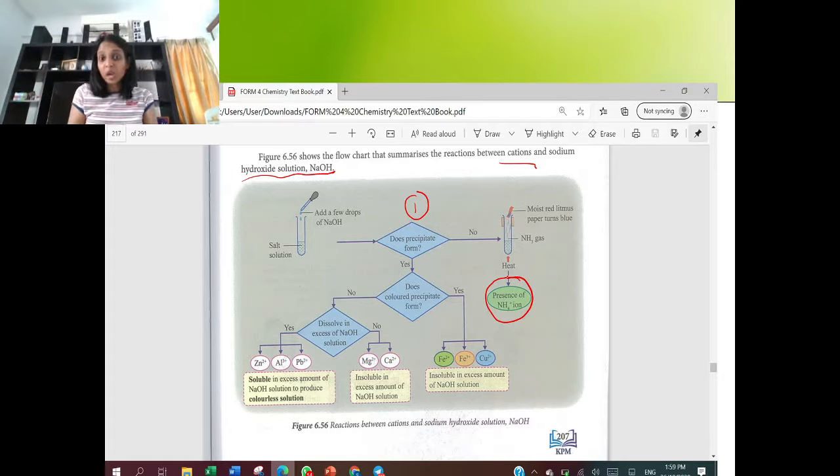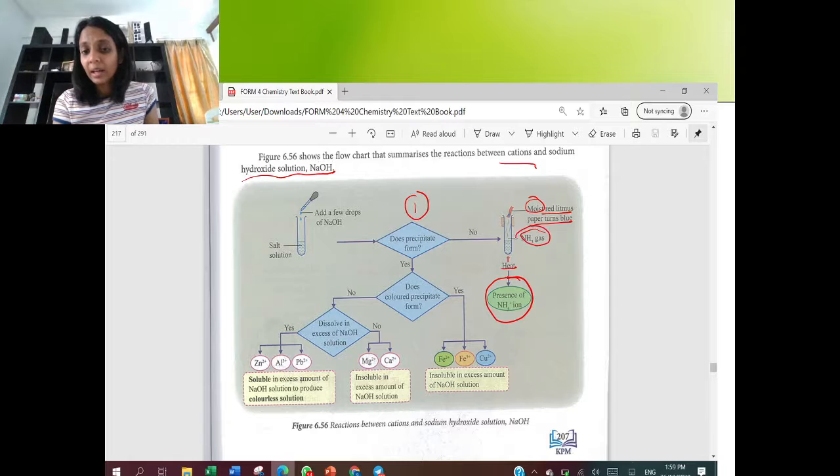Now you must be wondering, teacher, how do you know it's ammonium ions? Very simple. I heat it up and then test it with moist, it must be moist, red litmus paper. You will find that it turns blue. Then we know that ammonia gas is released, so it's confirmed: ammonium ion is present.